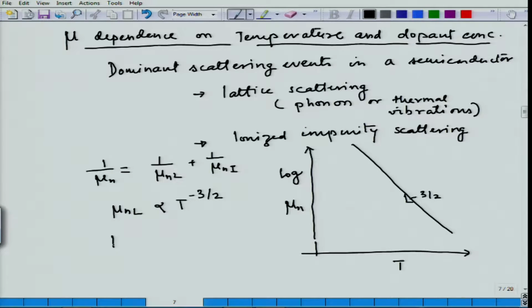And if you look at the electron mobility due to impurities, that comes out to be proportional to T to the power 3/2 divided by the concentration of the ionized impurities, Ni.